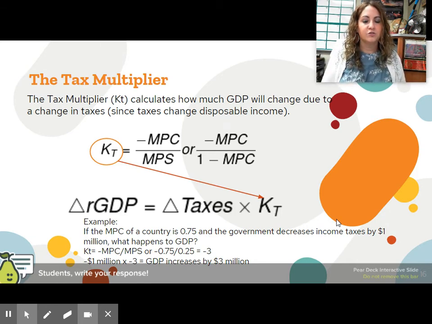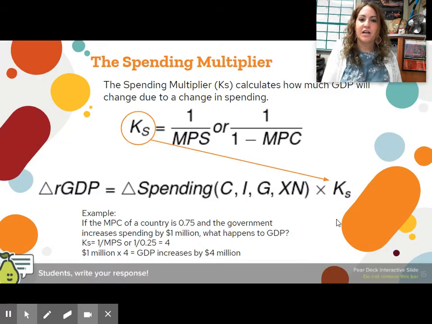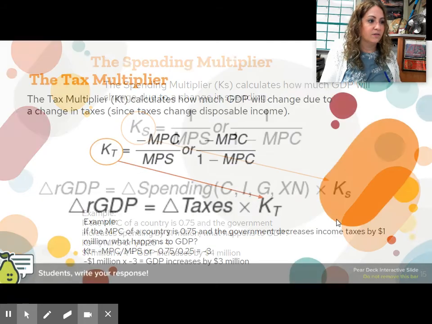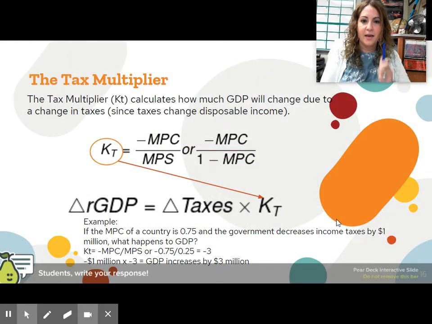My question is, do you know which one they do more often? And can you tell me why? Because look at the math. MPC and MPS were the same for both problems. Our spending multiplier had MPC 0.75. Our tax multiplier had MPC of 0.75.